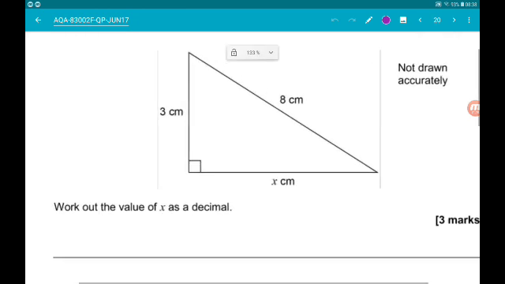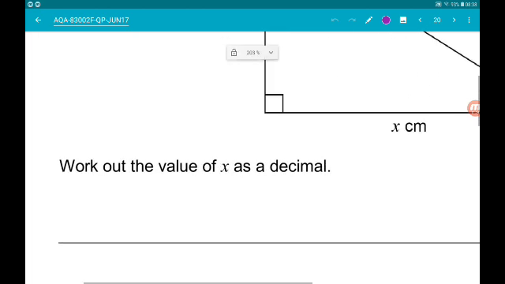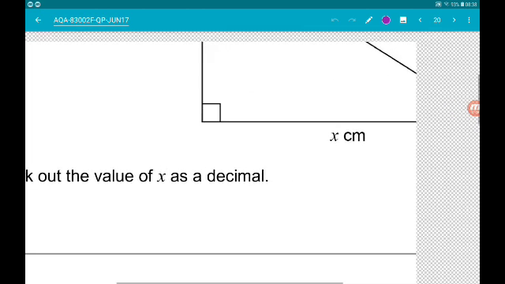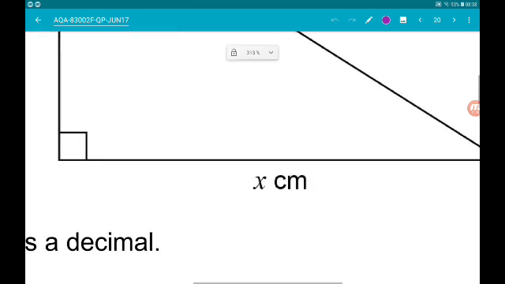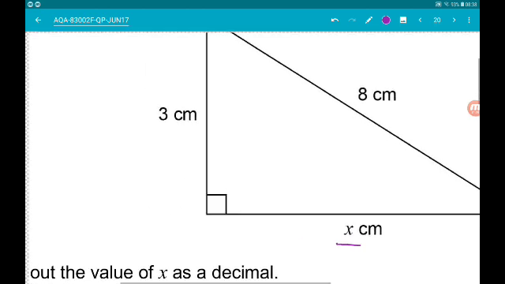Okay, 22, we've got a right angled triangle, and we want to work out the value of x as a decimal. So we're looking for a side length in a right angled triangle, and this is Pythagoras.